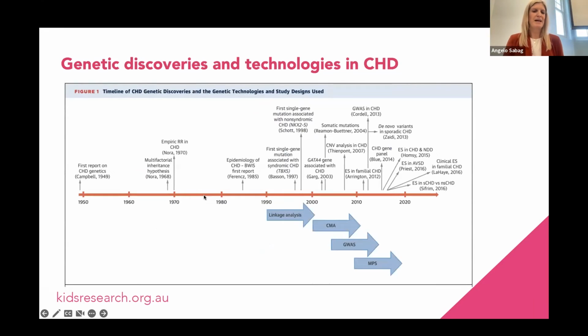So this is actually a bit of an older slide now, but I think it nicely shows a timeline of the discoveries in the field. I'm not sure if you can actually see my mouse if I'm pointing on this slide, but basically you can clearly see from the 1990s to 2000 genetics coming into play with the first gene being discovered.